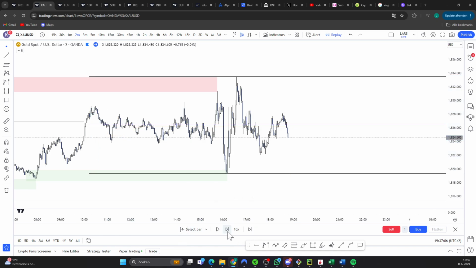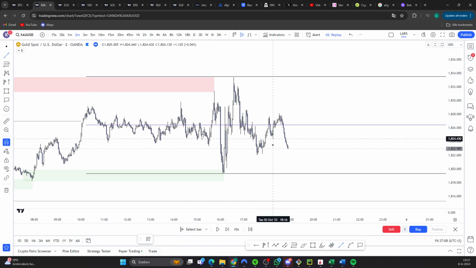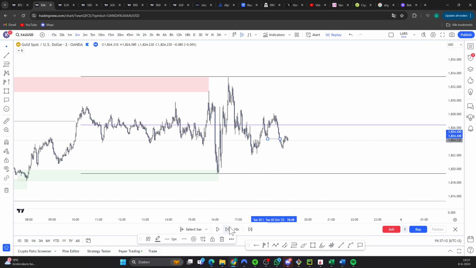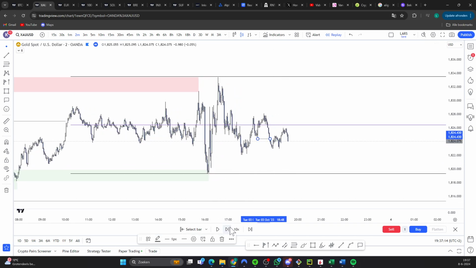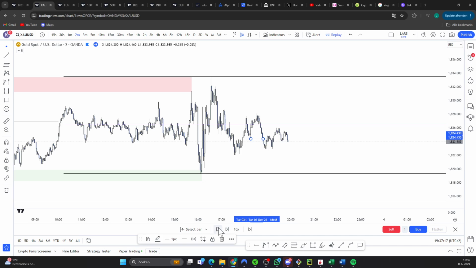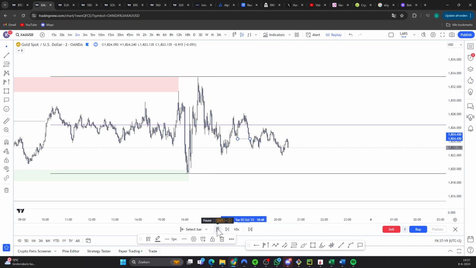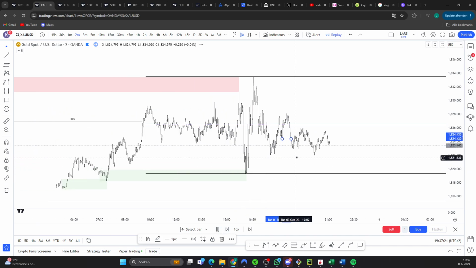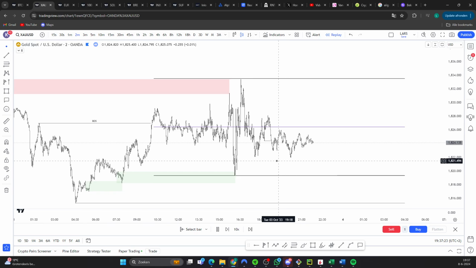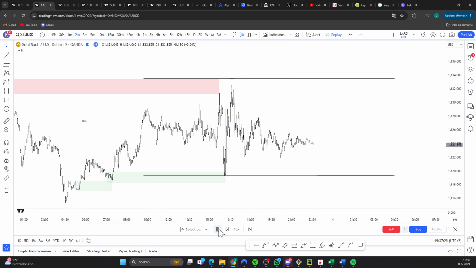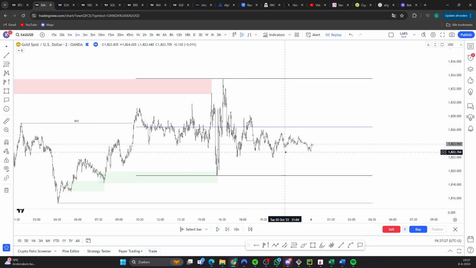Very focused price action. There's really a no trading zone those hours.